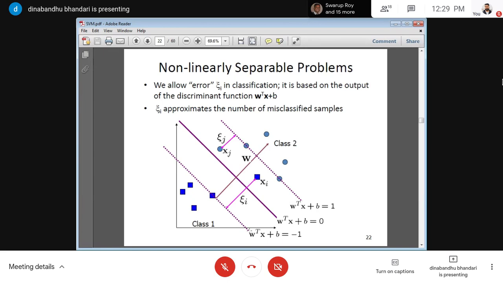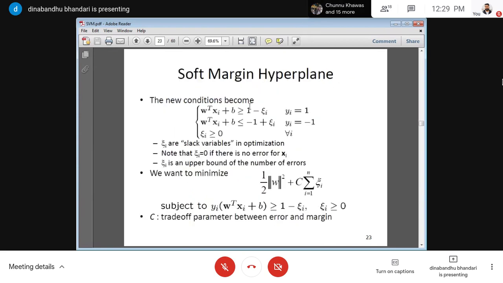Now, this line is W transpose X plus B equal to 1, and this line is W transpose X plus B equal to minus 1. But for these points, the W transpose X plus B would be not only greater than 1, but greater than 1 minus xi I, right? That I'll show here. Earlier, we were strict, there is no flexibility, that is 1.